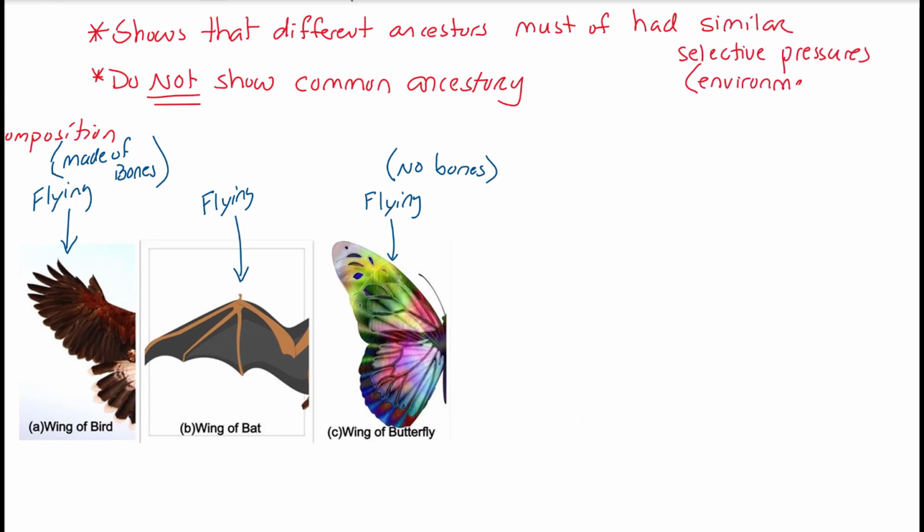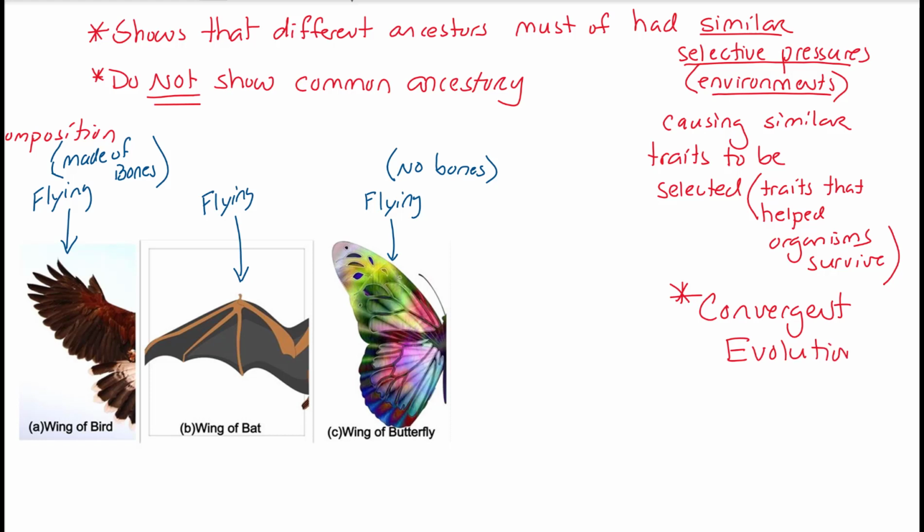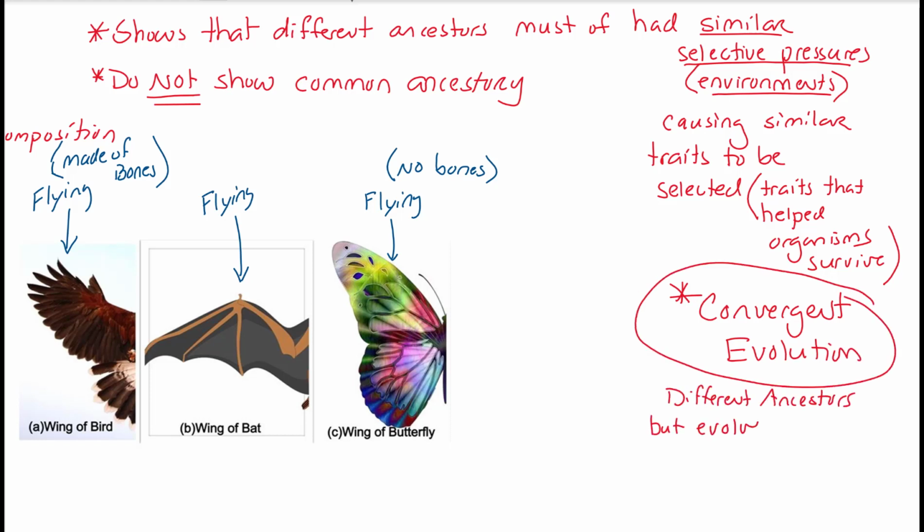So two separate populations had similar variations that were selected to increase, causing the organisms to develop very similar looking organs, wings, but they were built very different. This is called convergent evolution. We have different ancestors or different populations evolve similar characteristics due to similar environments.